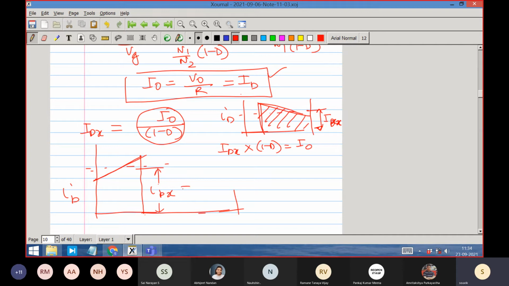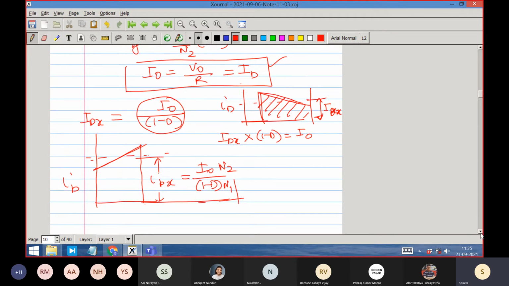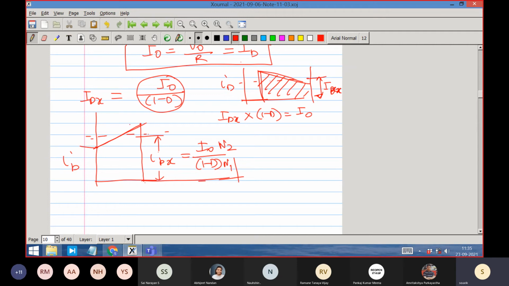So it will be I naught by 1 minus d into N2 by N1. That will be the level of the primary side current, simply related by N2 by N1. Let's take some numbers and then find out. And delta IL I have already found out, so there is no issue.